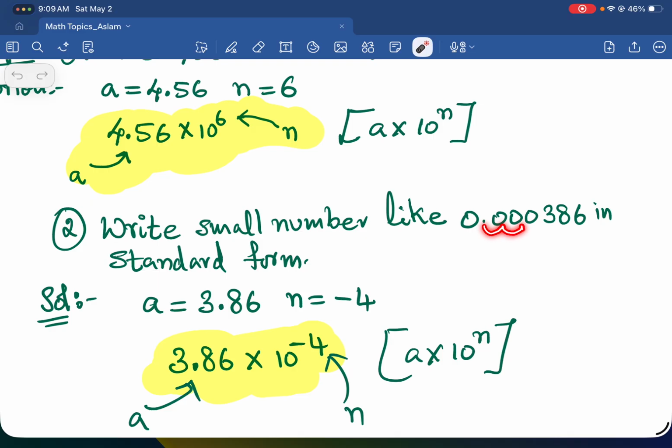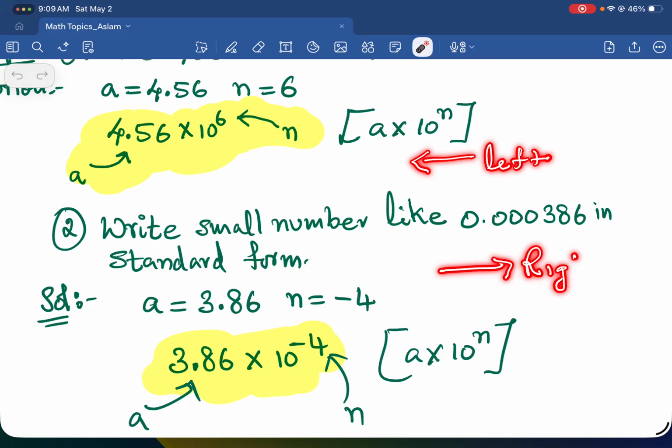1, 2, 3, 4. So remember, for a large number we move left, and for a small number we move right. What are we moving? We are moving the decimal.